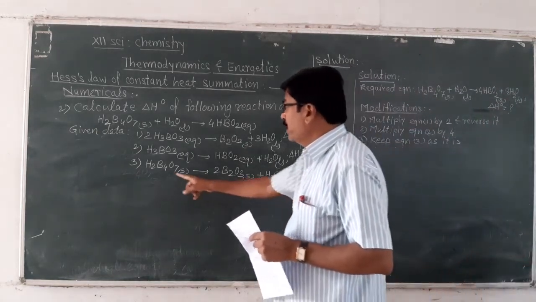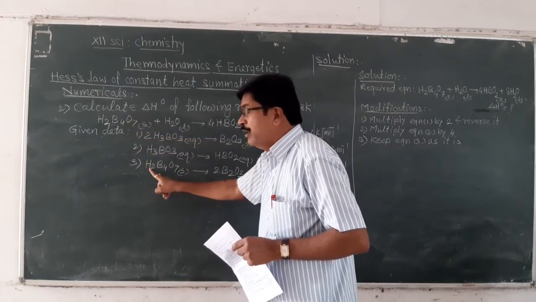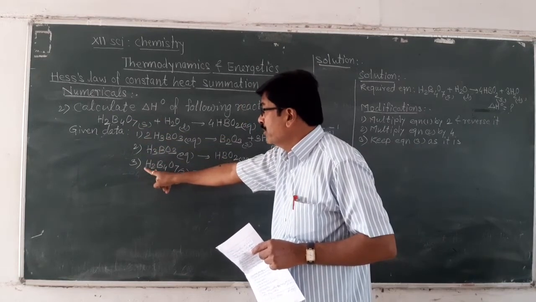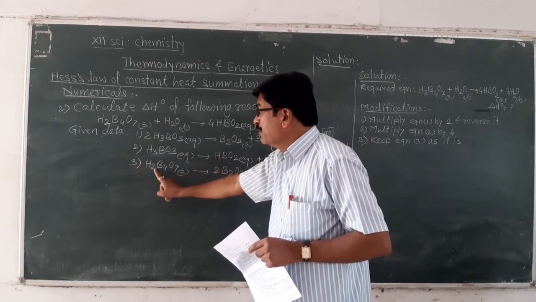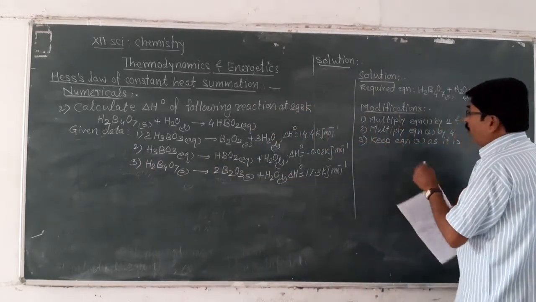Equation 3 is kept as it is because one mole of H2B4O7 is present on the reactant side in the given equation, and the same thing is present in the third equation.